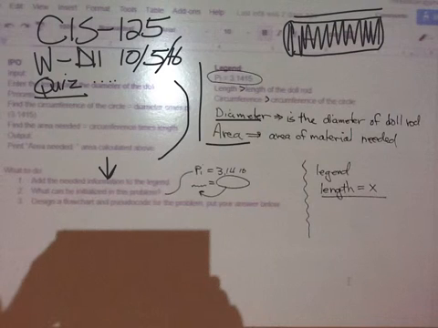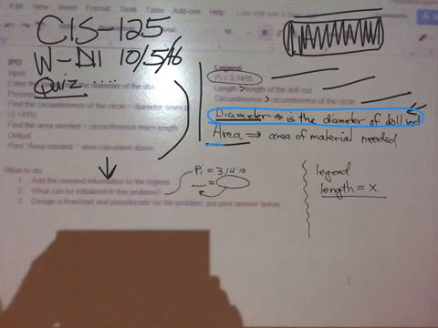I'm not going to go back through all that, but we had the legend, we had pi, we have the length, we have circumference, and then the student should have added the diameter and the area. How to solve the problem was covered here.